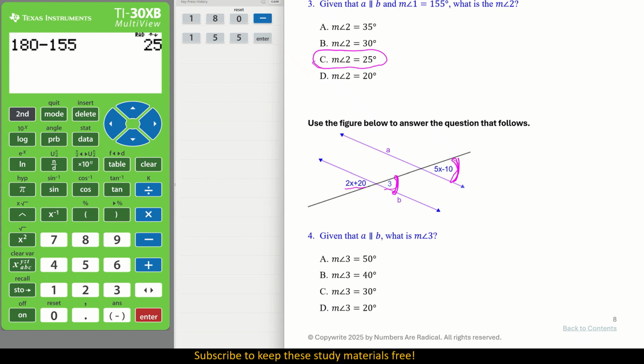And by transitivity, meaning the equalities or congruencies flow from one to the next, I know that 2x plus the 20 is equal to 5x minus 10.